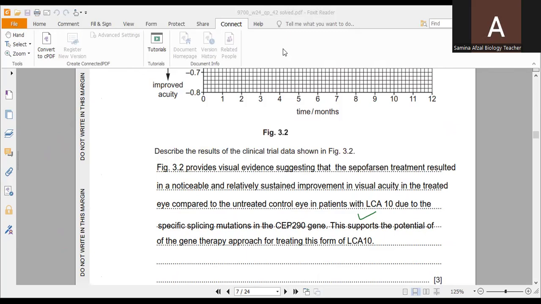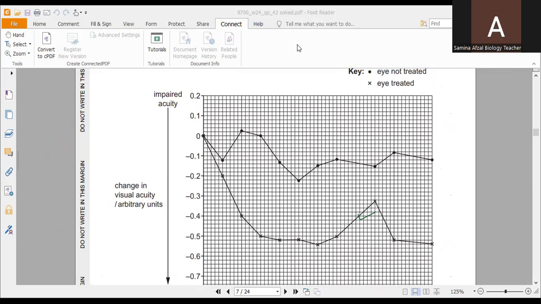So here in this graph, you can easily compare these two lines, untreated eye and treated eye. The visual acuity in the untreated eye generally shows a slight initial improvement, as I have shown, and this is the little improvement.